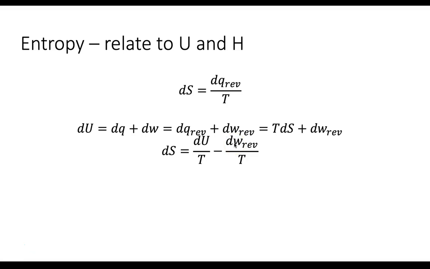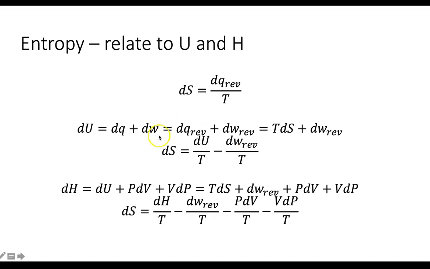Individually, they are path functions, but together they form a state function. That's what the internal energy is. And so then we can just manipulate this equation. That's T dS. And then we can rewrite, so our change in entropy is just dU over T minus work reversible over T.